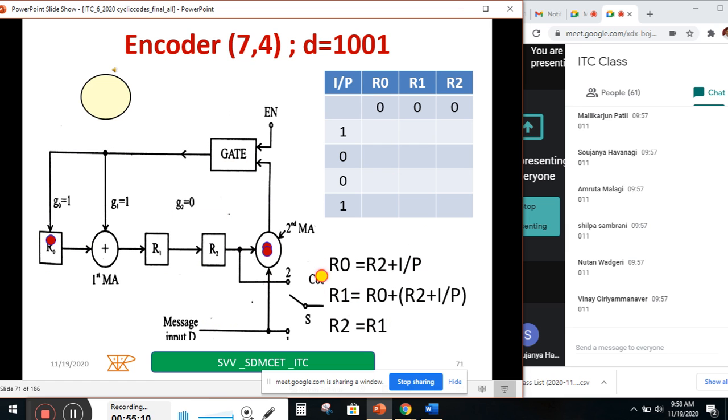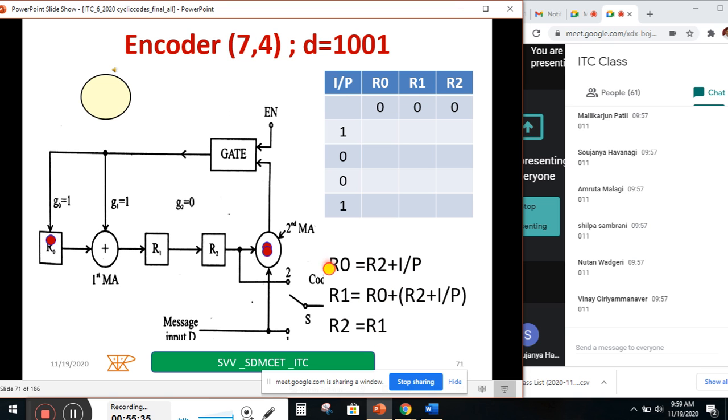Using this equation also you can write down the combination of zeros and ones, or using the circuit also. If you understand both, well and good. Compared to the circuit, this will be very fast. R0 equal to R2 plus input, R1 equal to R0 plus R2 plus input, and R2 equal to R1. These are all previous resistor contents. Input means present, resistor means previous.